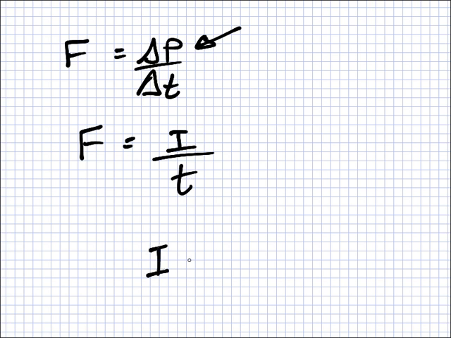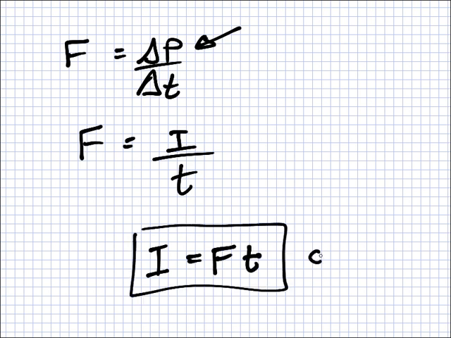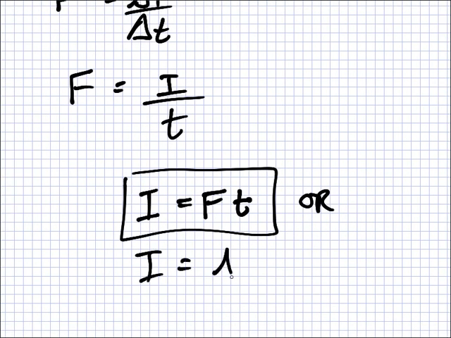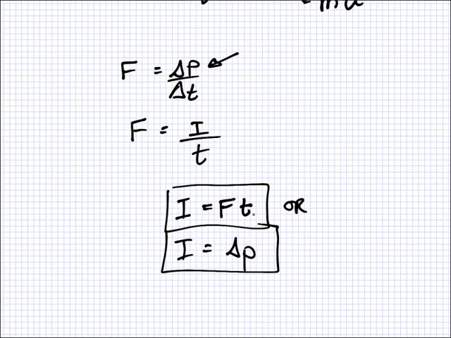So another formula for impulse is, as you said, F multiplied by T. So you can use that, or you can use the definition. There's two ways to calculate it.